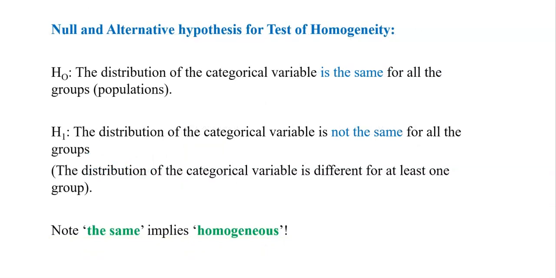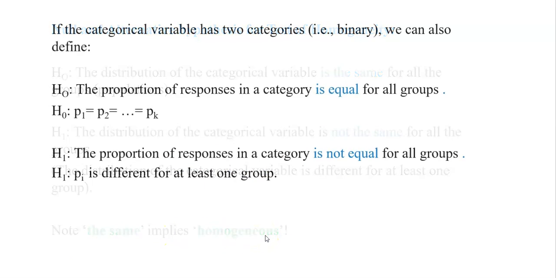So the null and alternative hypotheses for test of homogeneity are: the distribution of the categorical variable is the same for all the groups, versus the distribution of the categorical variable is not the same for all the groups, or is different for at least one group. So here the same implies homogeneous.